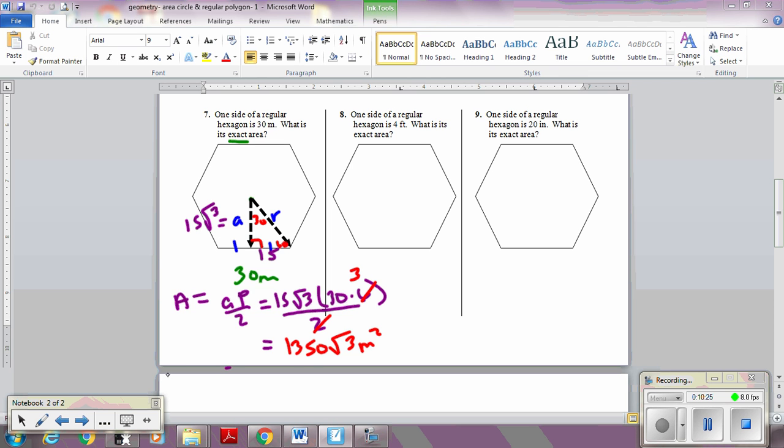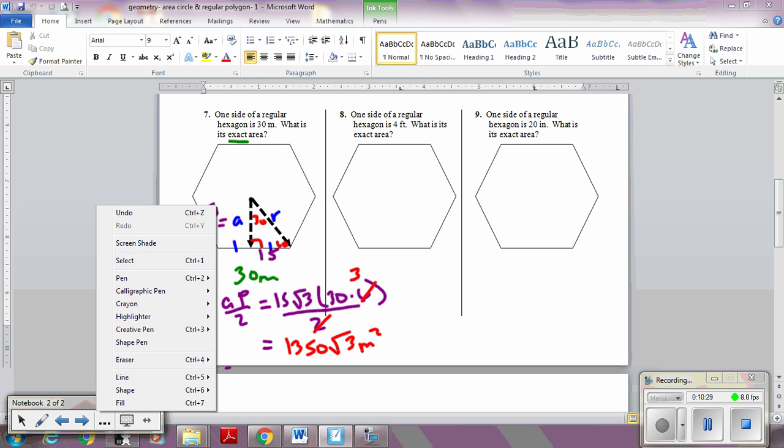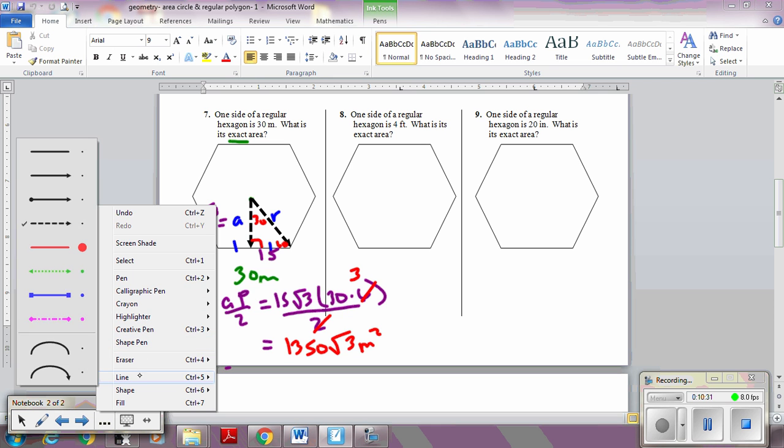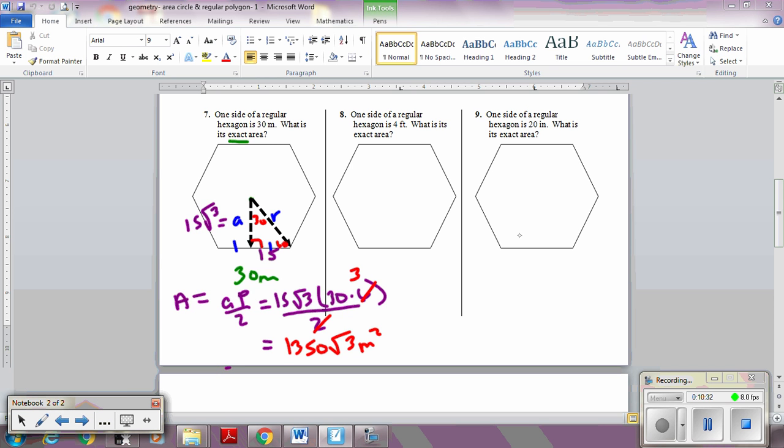Number 9 again is a hexagon. So from the center to the side, there's your apothem. And from the center to the edge, to the vertex, is your radius.